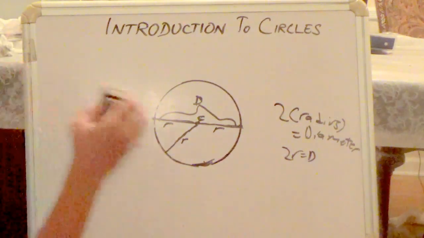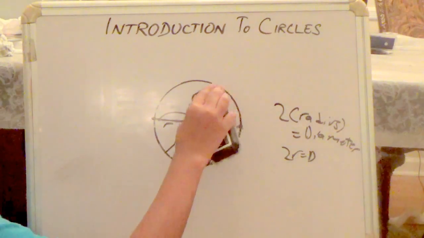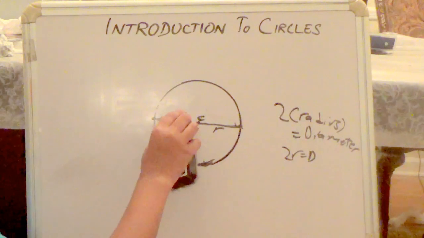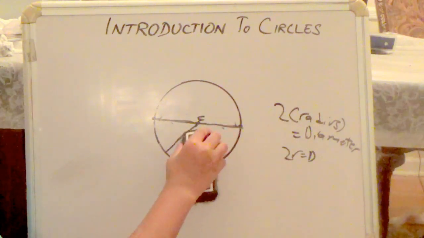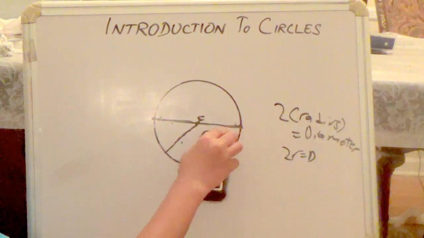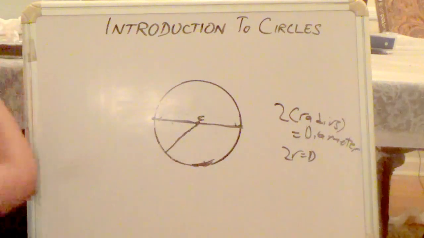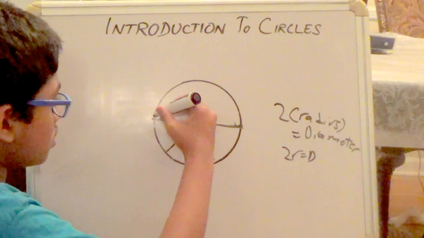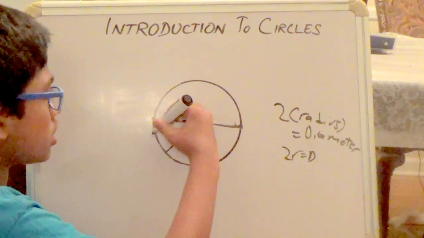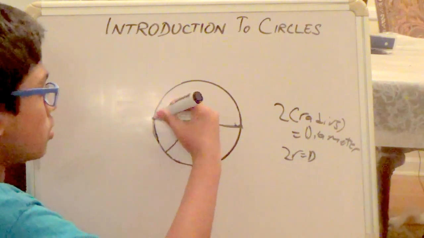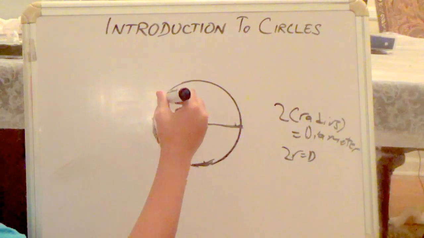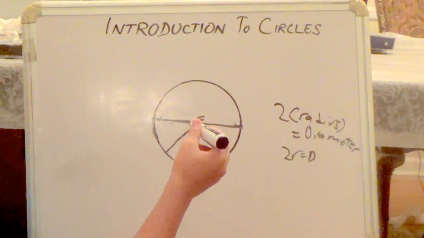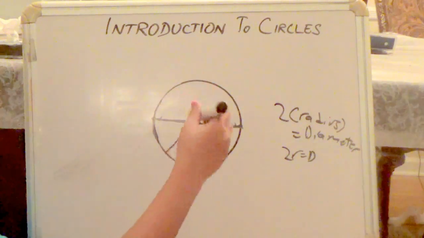Okay, now time to get into more fancy stuff. What you normally call the perimeter, or the total length of the edges, of the circle is called the circumference.